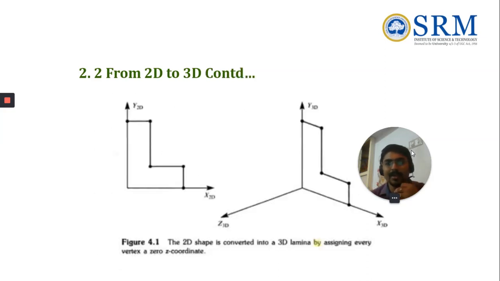This is a small example of 2D to 3D, which has the x and y axes of a 2D, and you can see the x, y, z axes in a 3D. So a 2D shape is converted into 3D by assigning every vertex a 0 z coordinate.